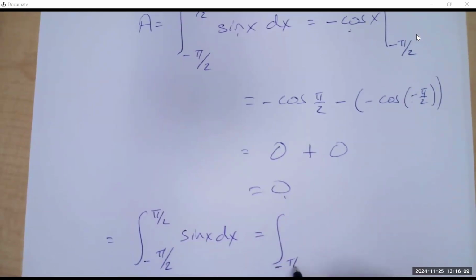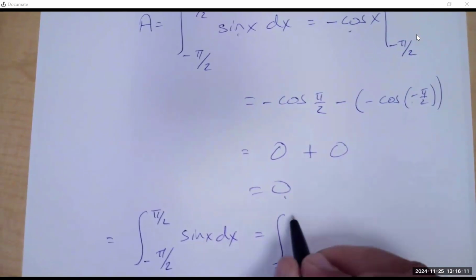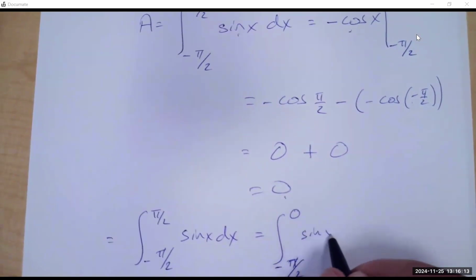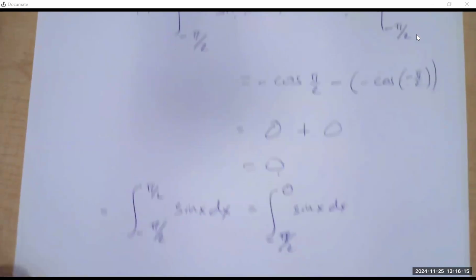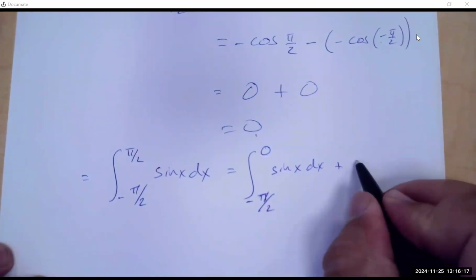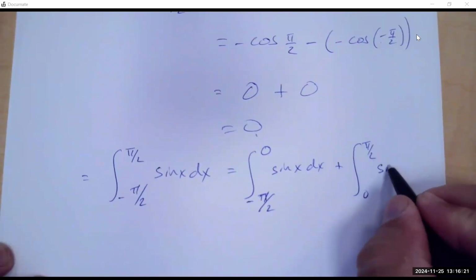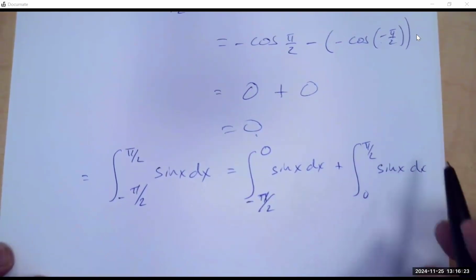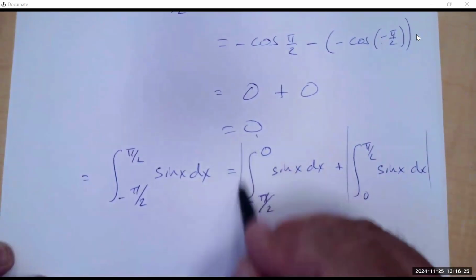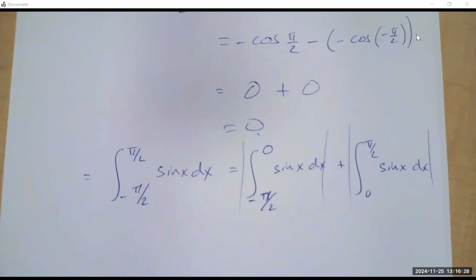So I would go from negative pi over 2 to 0, and then from 0 to pi over 2, and take the absolute values of those.